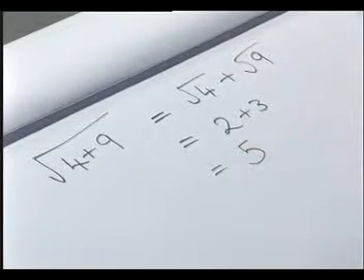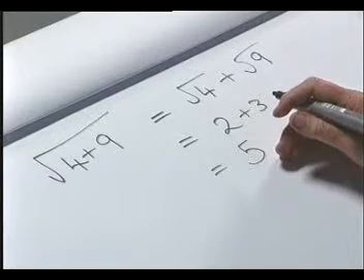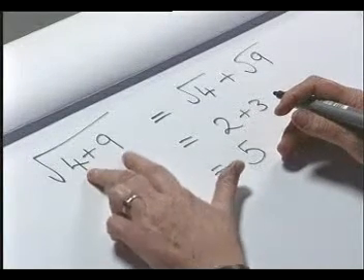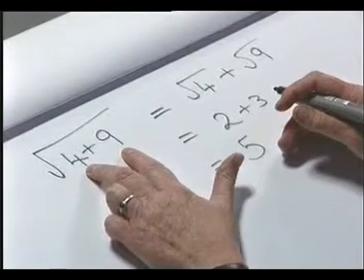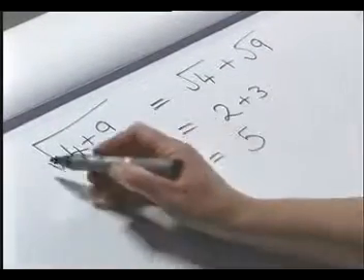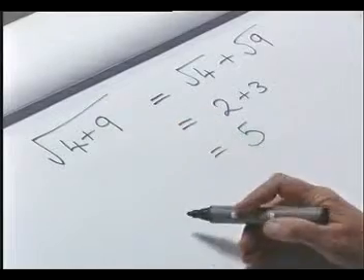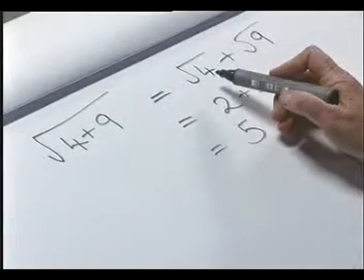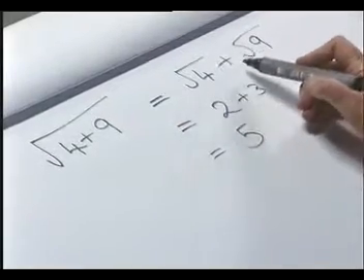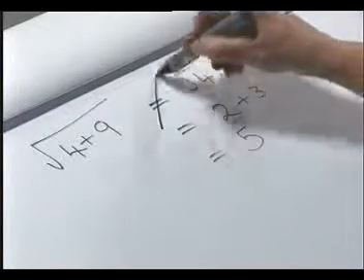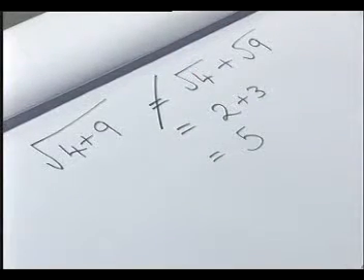This is not correct, because 5 is the square root of 25. And here we've got 4 plus 9, which is 13. So the square root of an addition is not equal to the square root plus the other square root. So please remember that. Those two rules that we previously did with surds and expansion of multiplications only apply to multiplication and division, not to addition and subtraction.